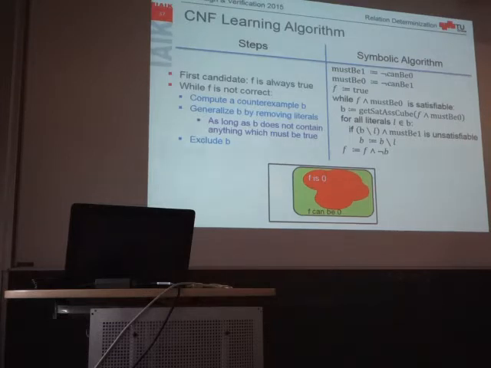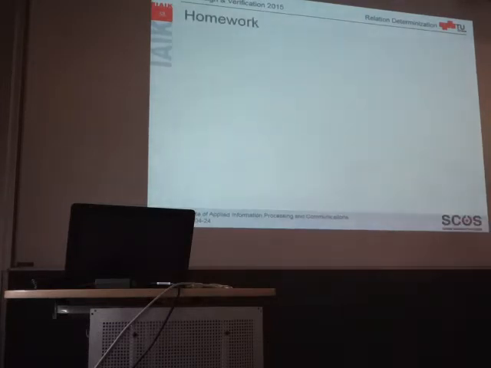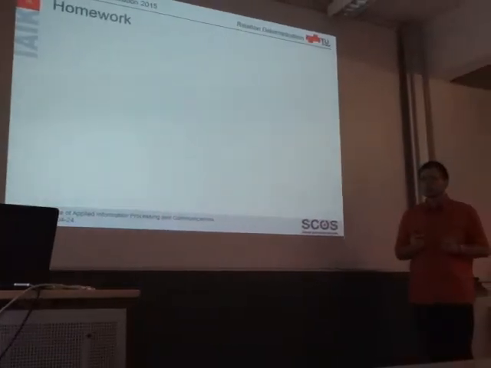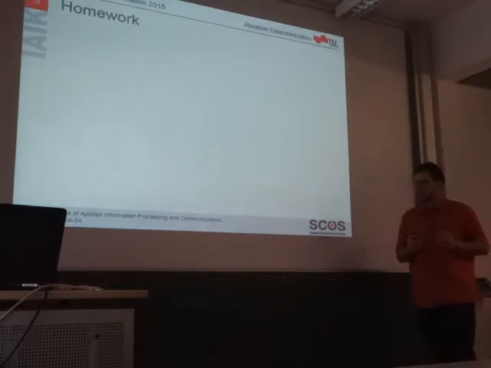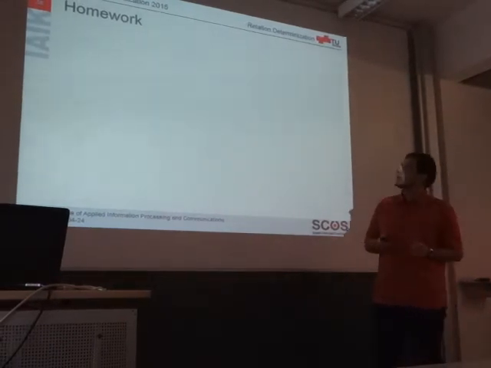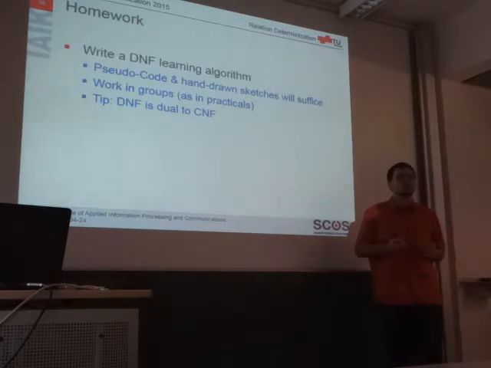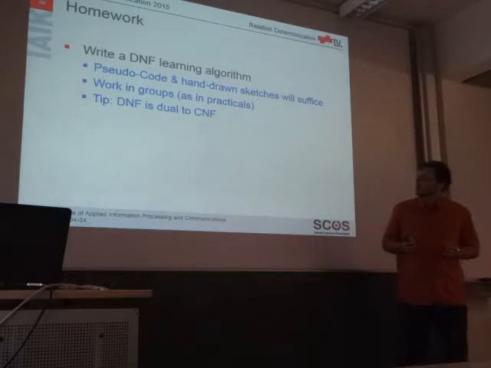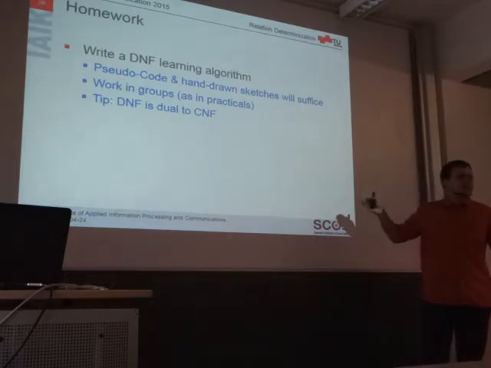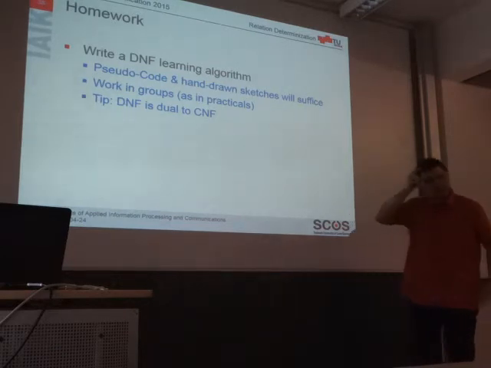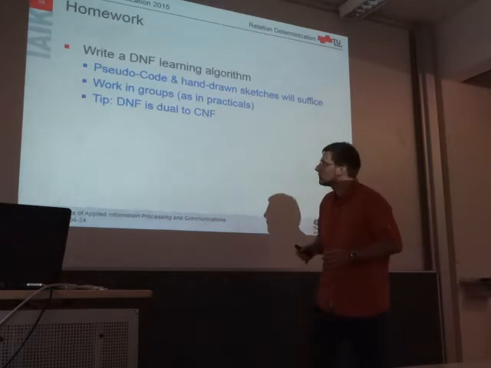Now, your homework, due not next week, because next week is the 1st of May, but in 2 weeks, is to write a DNF learning algorithm. So basically, you can do this in the same way as I had it on the previous slide. You can just write some pseudocode plus some hand-drawn sketches and explanations. It doesn't have to be very fancy.